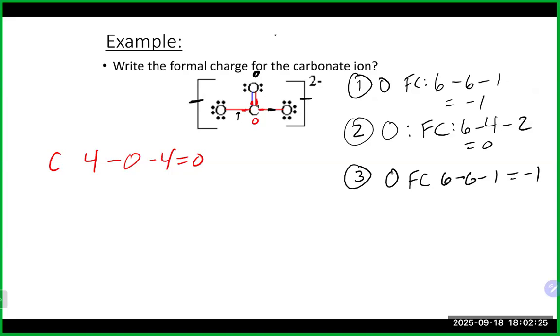Each of the single bonded oxygens has a -1 charge, which gives carbonate an overall charge of -2 based on how it's sharing electrons in this formation. So that is why we have nonmetals sharing electrons that overall have a charge, because of the electronegativity and how they are sharing those electrons. Any questions on that?